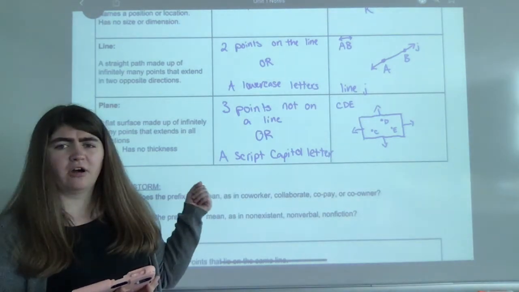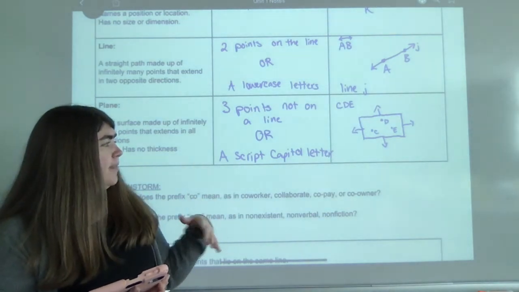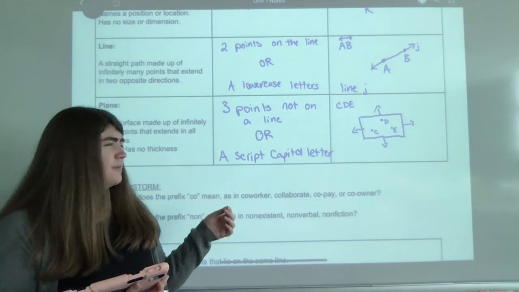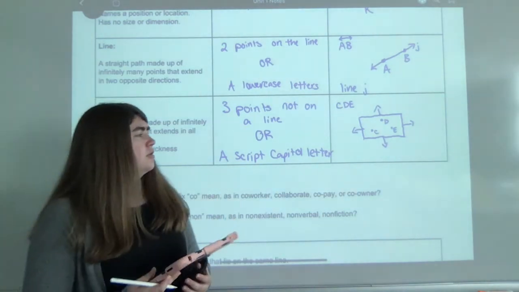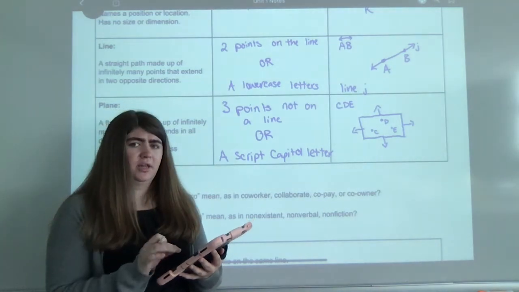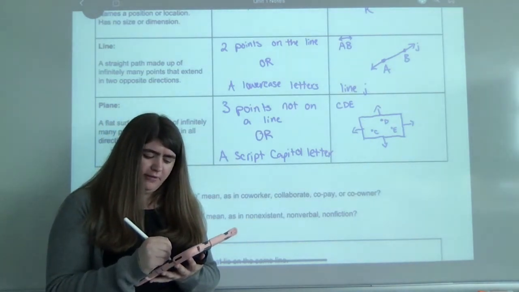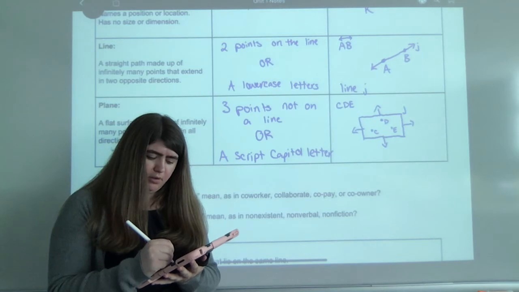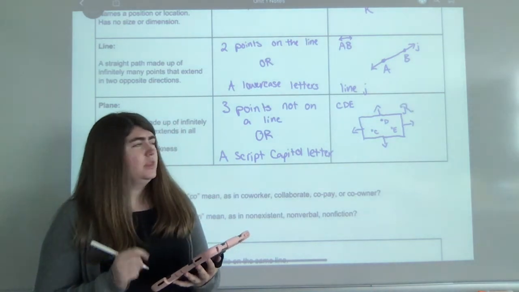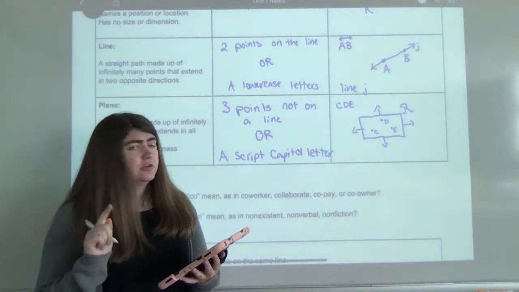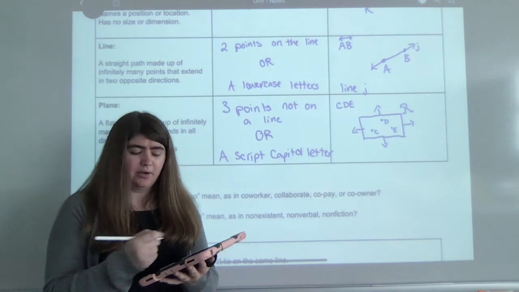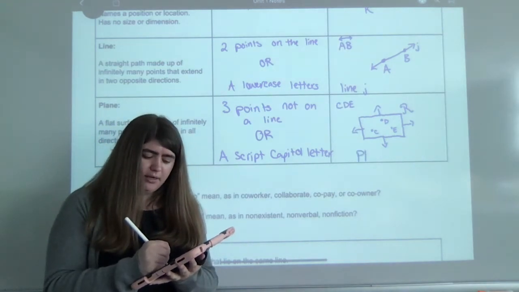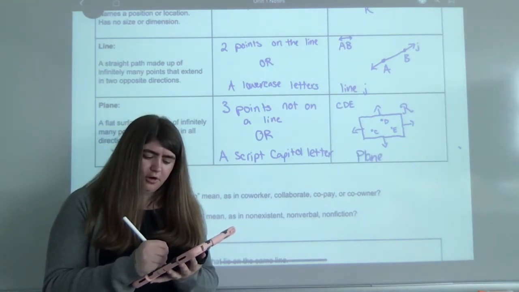Script letters are often used for other purposes in math itself, so I don't use them for naming planes all that often, but you might see it sometimes. An example of what that might look like is if you were to draw a fancy looking capital R, like so. Then if we were to name it using that script capital letter, we would actually have to write the word plane out again. So I have plane R.